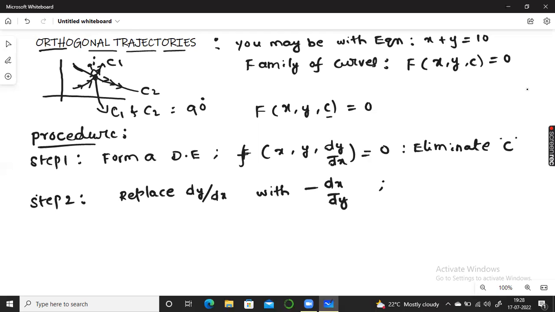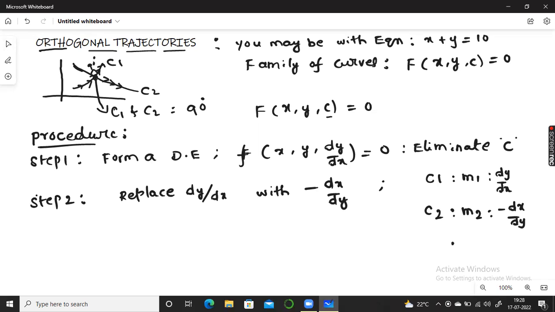Let us say curve 1 has slope m1, which is dy by dx, and curve 2 has slope m2, which is equal to minus dx by dy.